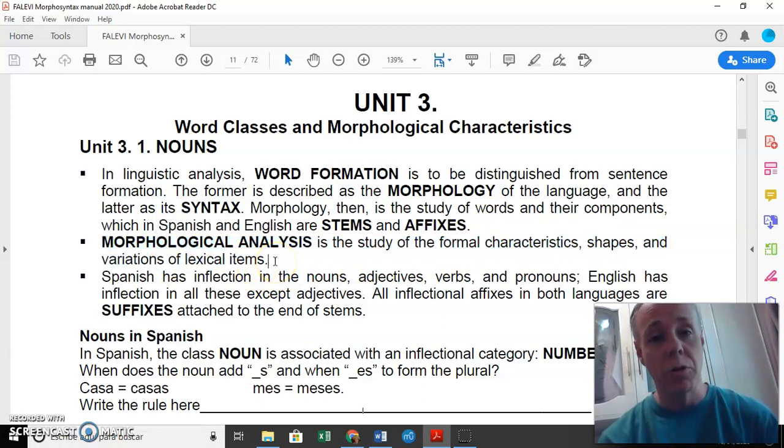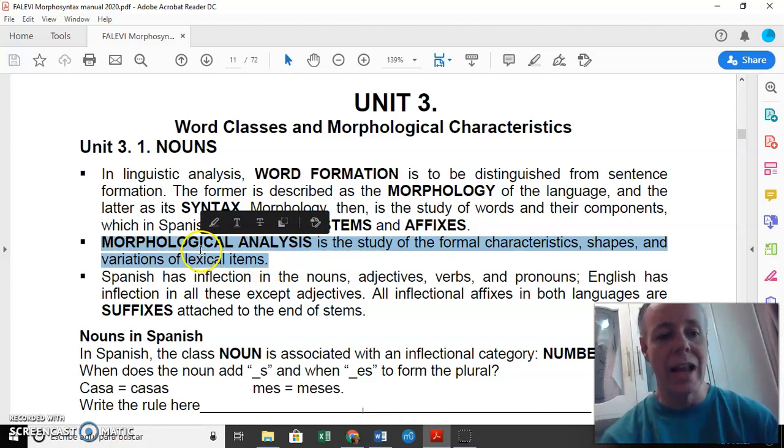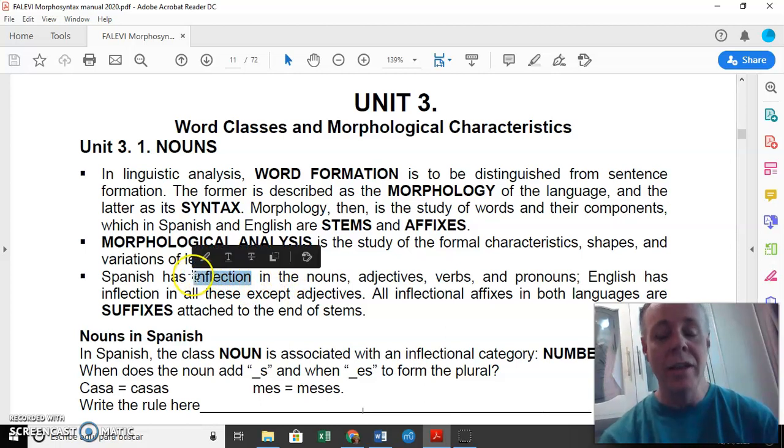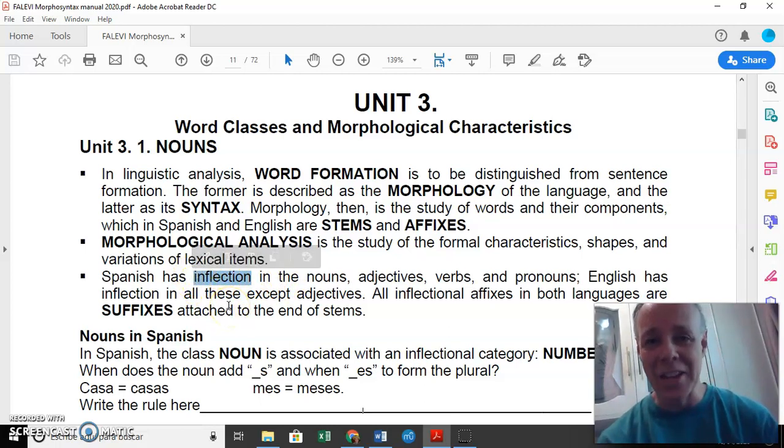From now on, we're going to study nouns, adjectives, verbs, prepositions, and we will be doing a morphological analysis. What is the shape of nouns? What is the shape of adjectives in English and Spanish? Spanish has inflection in the nouns. Remember, inflection refers to the suffixes that are attached to words. In the nouns, in adjectives, in verbs, and in pronouns.